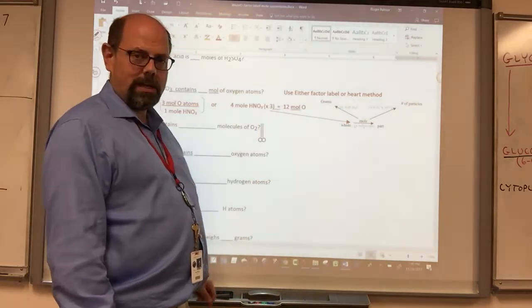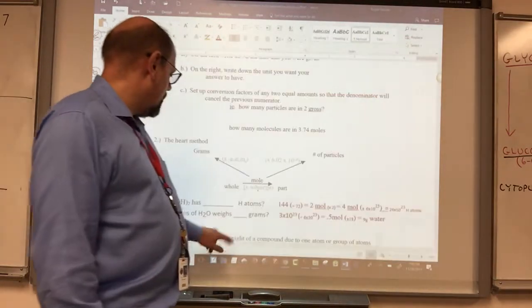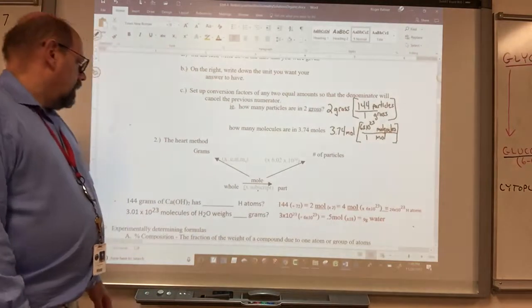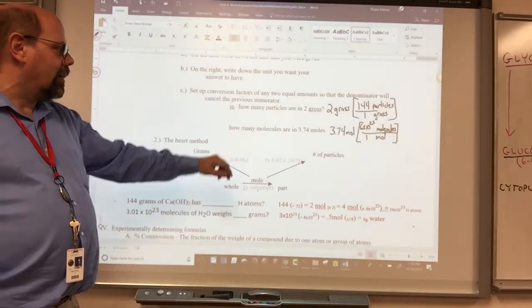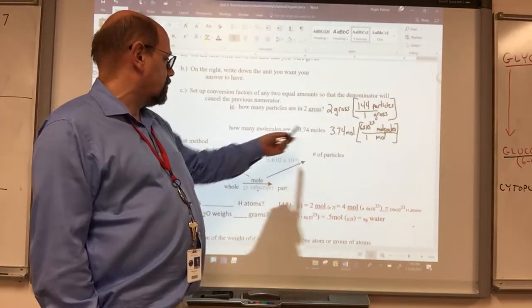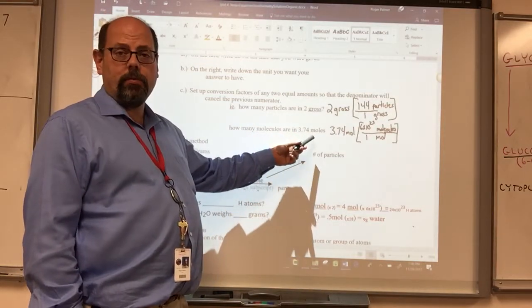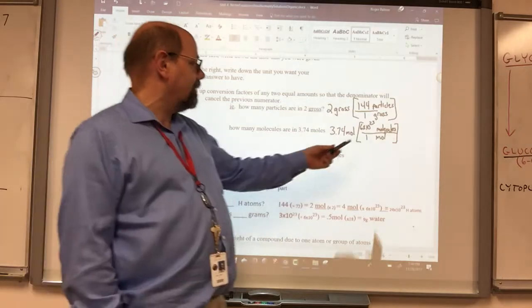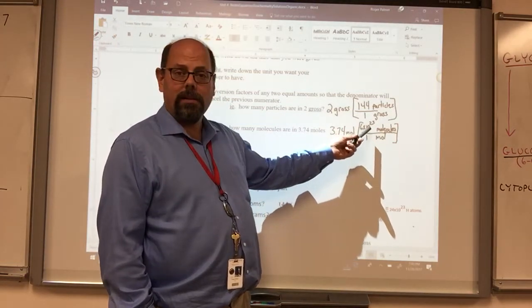Now I'm going to do a couple examples that are also on the notes here, so let me switch back to those. The Hart method really is the same thing that's going on here. If you were looking, for instance, just at this one, when I went from moles to molecules, it said, hey, I got 3.74 moles. How many molecules do you have? What are you effectively doing? Basically, you're taking 3.74 and it's on the top of the fraction.